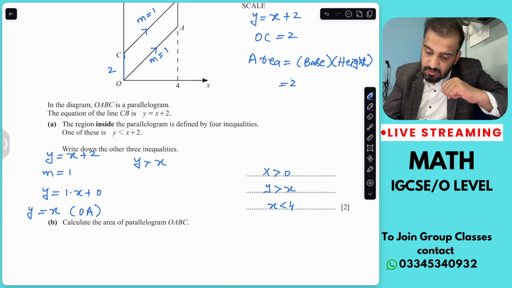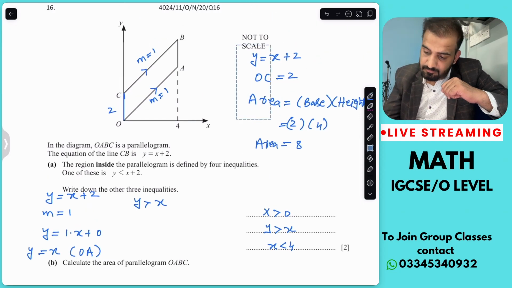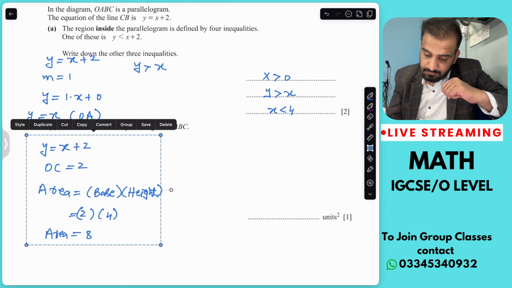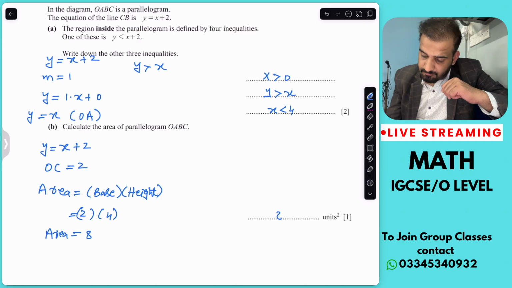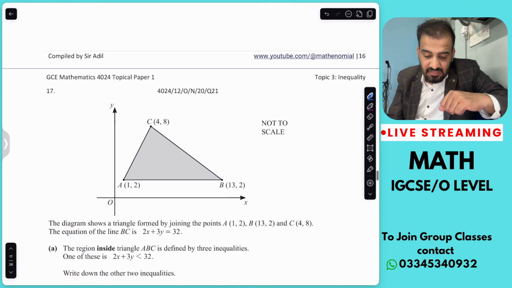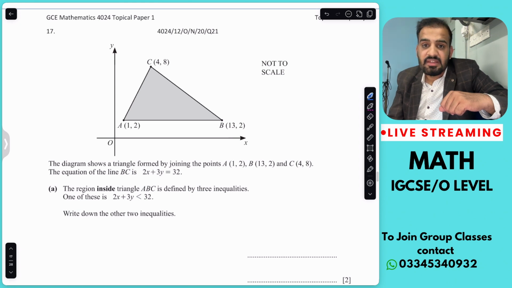Base is 2, height is 4, so it is 8 units squared. We'll start from question 17 onwards in the next class.